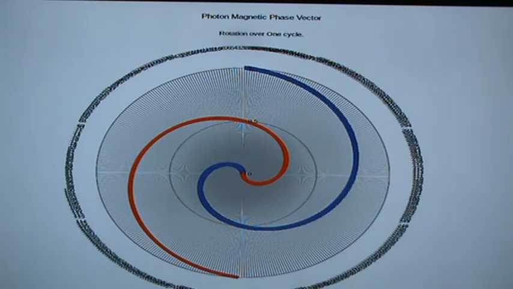And why is it doing that? It's that simple right-hand rule. The electric force is travelling parallel to the y-axis. The magnetic force is parallel to the x-axis, and the direction of travel is the z-axis.